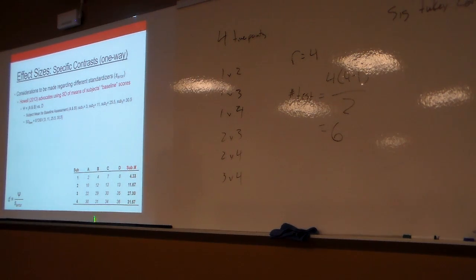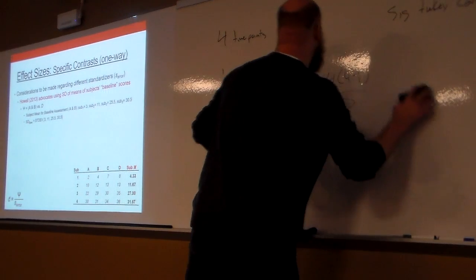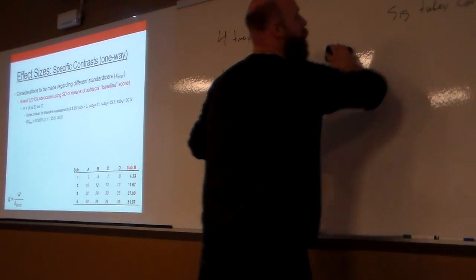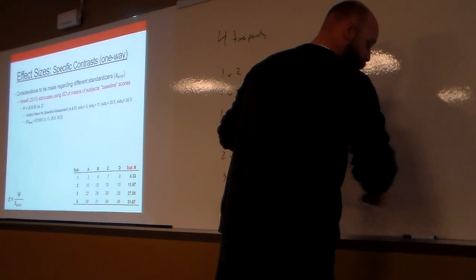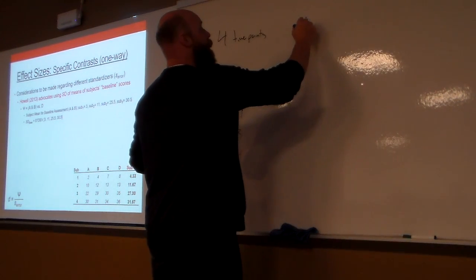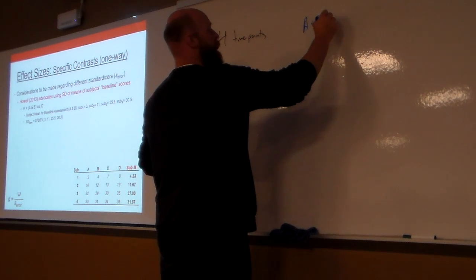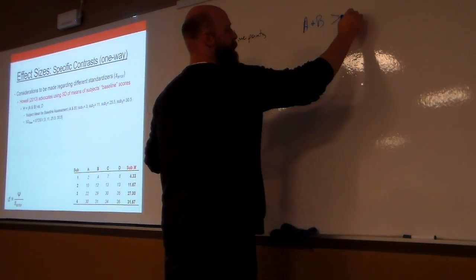So let's say we've got a repeated measures design where we have 4 people measured on 4 occasions, right? So a much smaller version of our inpatient set. And let's say A and B are baseline conditions, C and D are treatment conditions. Our contrast is that we want A and B to be greater than C and D, right?